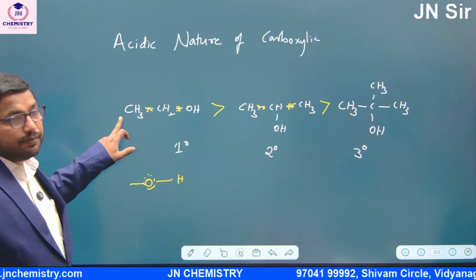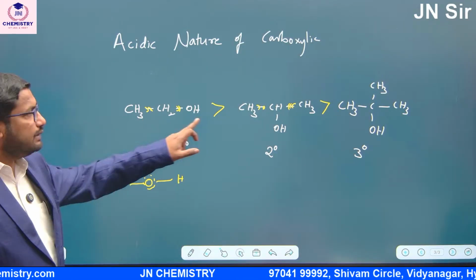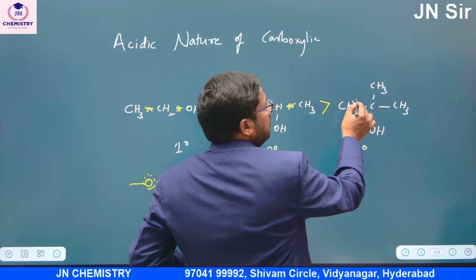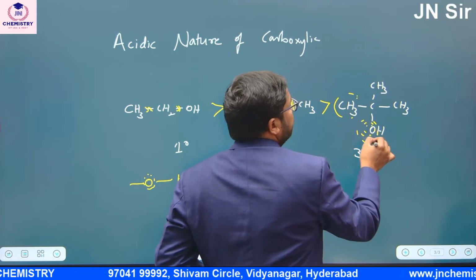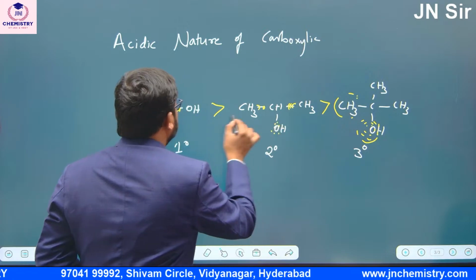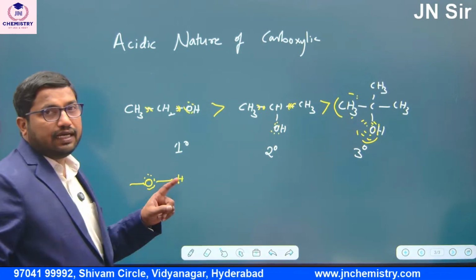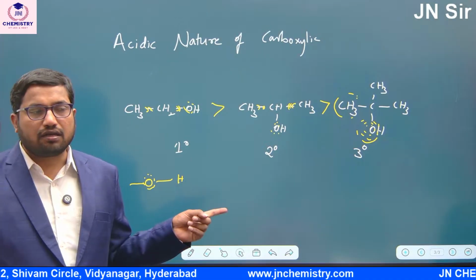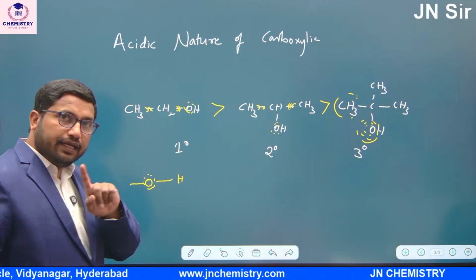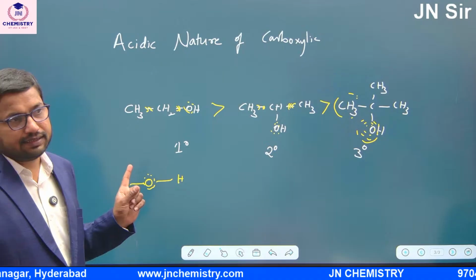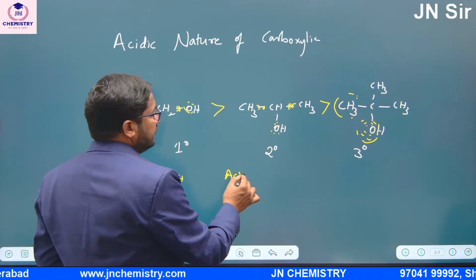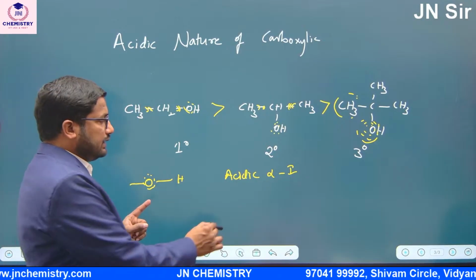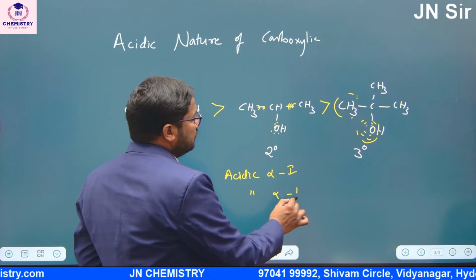For this carbon only one methyl group is donating, but for this carbon 2 methyl groups. In this case 3 methyl groups are donating. So where is the electron density maximum? At tertiary. If the electron density is maximum at alcohol, that is less acidic, in the same manner as we discussed in the carboxylic acids. So here also the same nature: acidic nature is directly proportional to minus I. Acidic nature is inversely proportional to plus I.